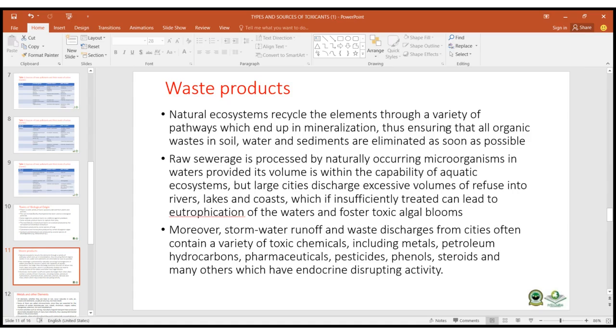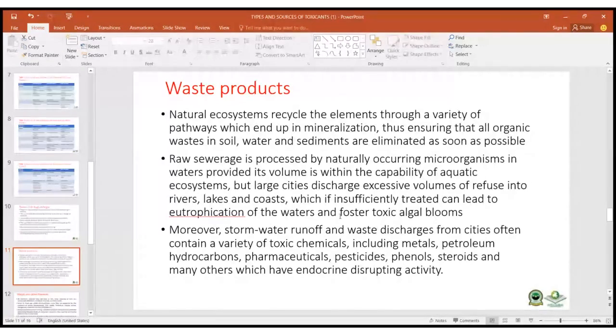Eutrophication is a process where the water body has too many nutrients, and eventually these nutrients lead to the growth of water algae. Because of the presence of too many nutrients, the algae begin to grow excessively, and that is what we refer to as algal bloom.